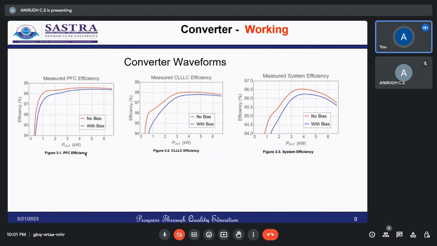And the third graph shows the efficiency versus output power for the system efficiency. In the first graph, the unbiased efficiency reaches up to 98.5%, for the CLLC the efficiency reaches up to 98%, and for the system efficiency, it reaches up to 96.5%.